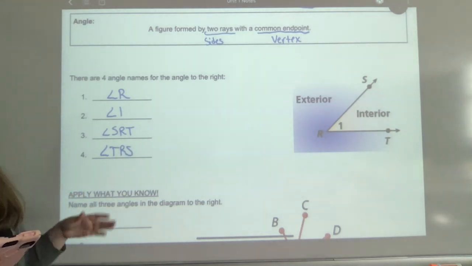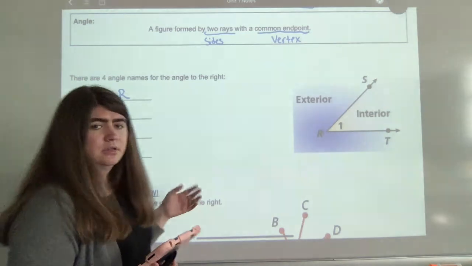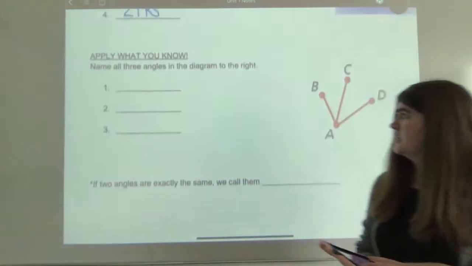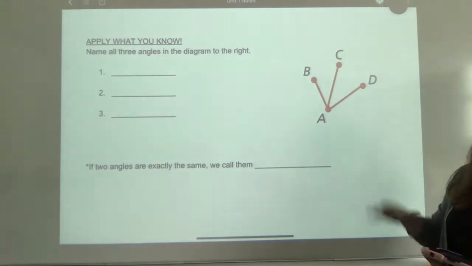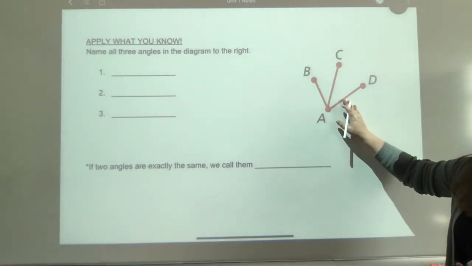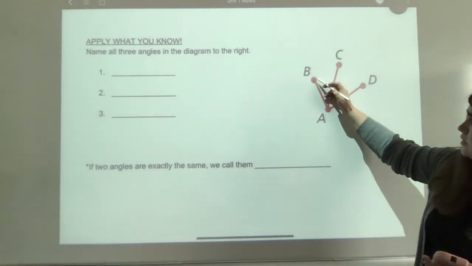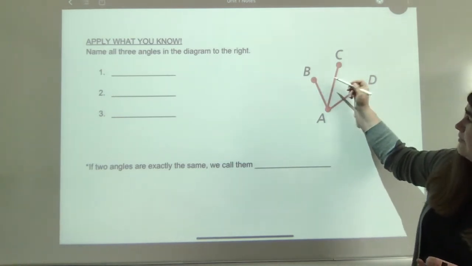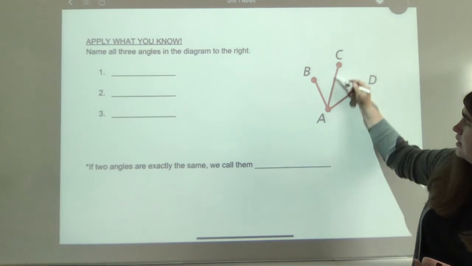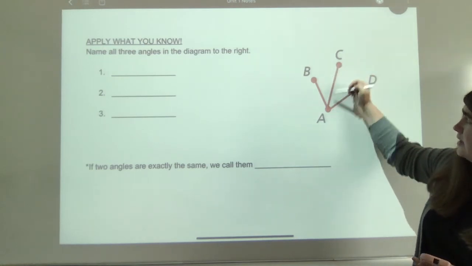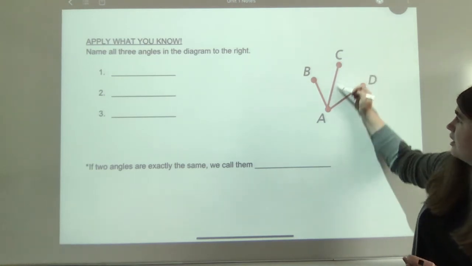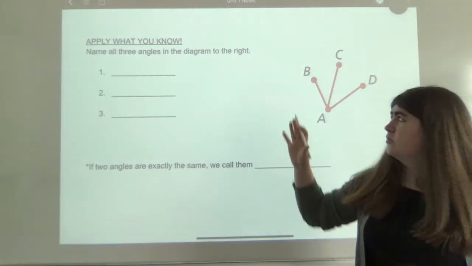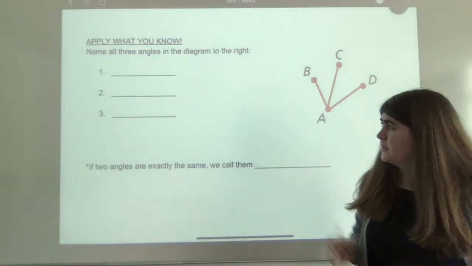All right, so now that we've named our angle, let's go ahead and do an example. So we want to name all 3 angles in this diagram shown right here. I have the large exterior angle here. I have the little angle on the inside from B to A to C, and I have this other angle here. I'm going to go ahead and start with the largest angle that encompasses the other 2.